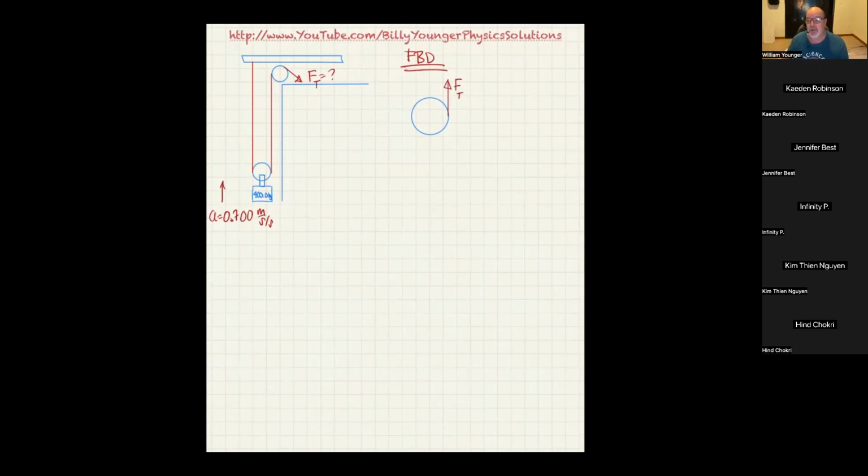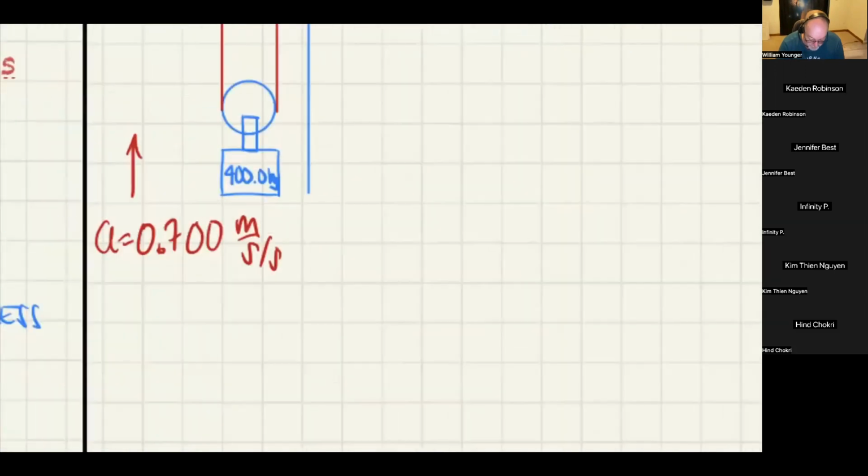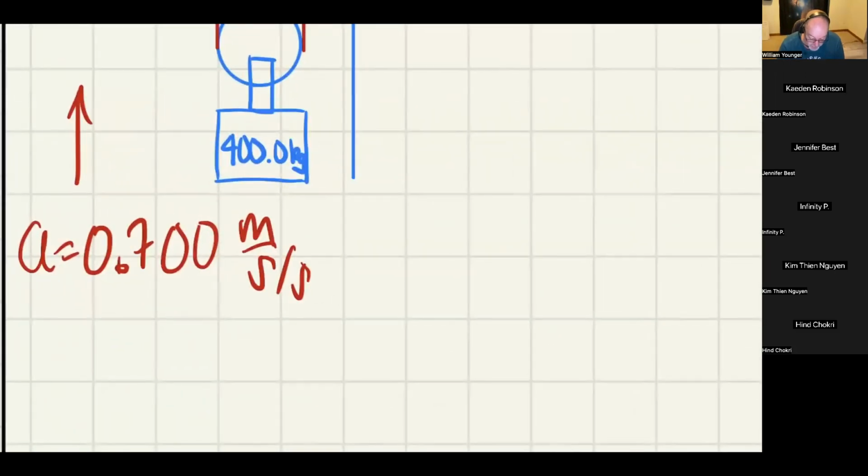Think about the counter example where the mass of the pulley is not zero and maybe the pulley even has friction on it. If I'm pulling down and to the right on that FT, then that tension has to not only lift all that stuff to the left of the pulley, the 400 kilograms and the pulley associated with it, it also has to rotate that pulley.